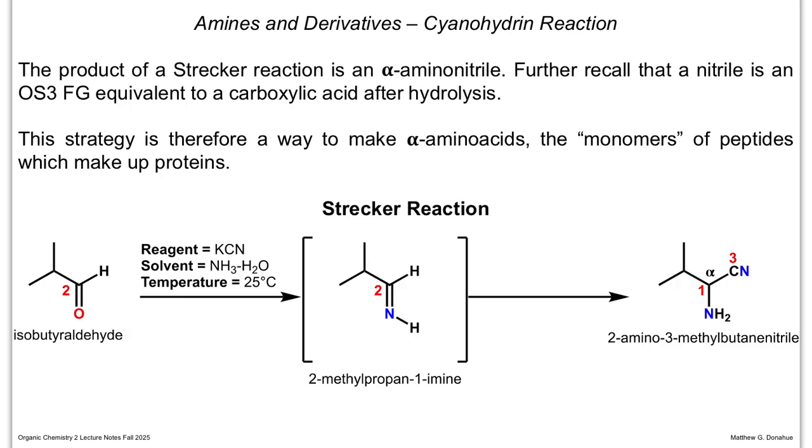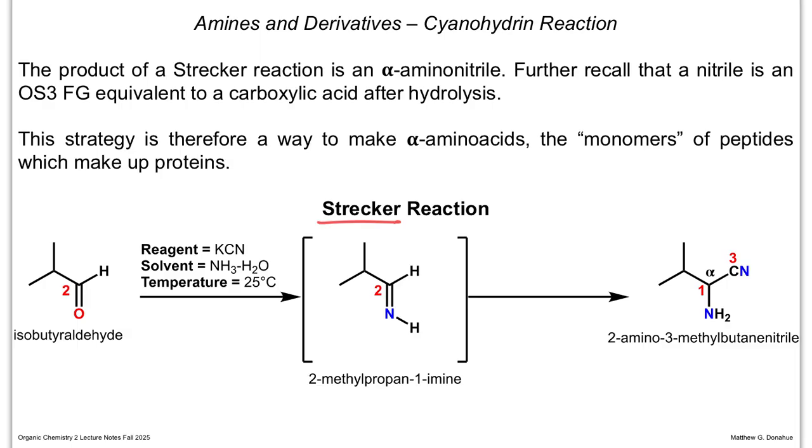And the reason that's important is because we said the nitrile is equivalent to an acid. And so this product that's shown is equivalent to an amino acid. And those are the building blocks for peptides and proteins. The name of this reaction is called the Strecker. So the Strecker reaction.